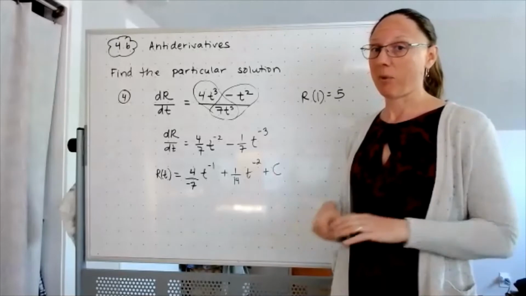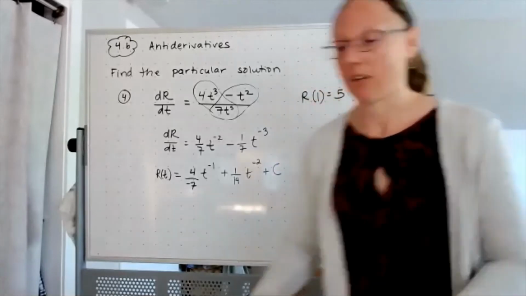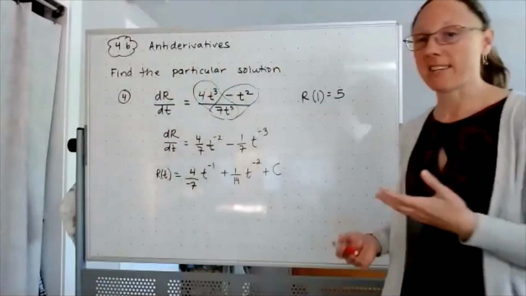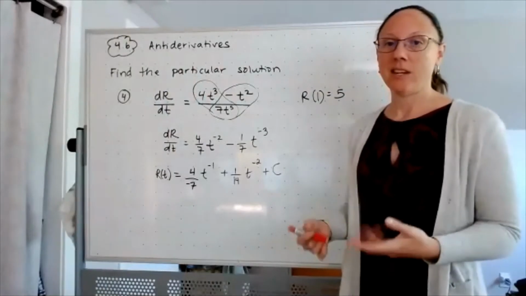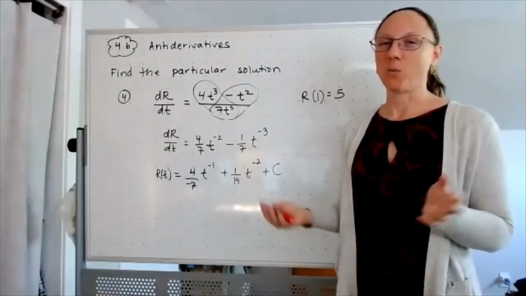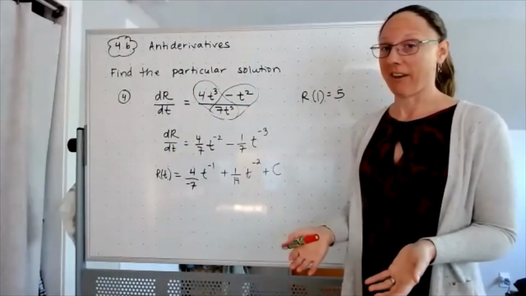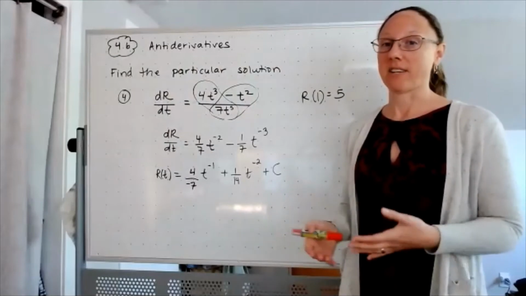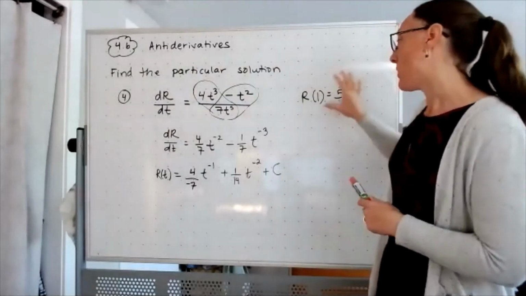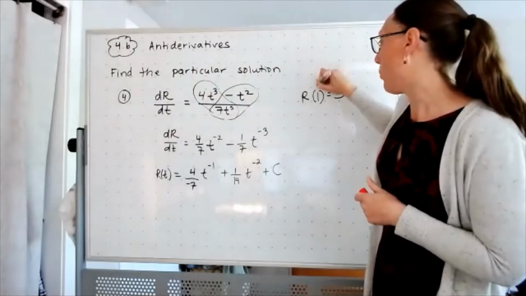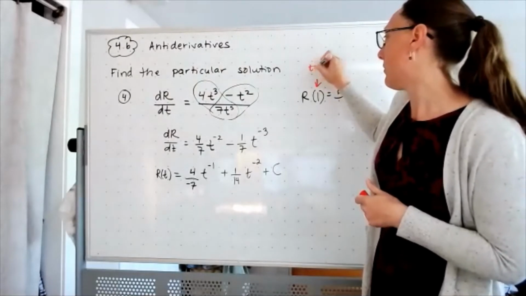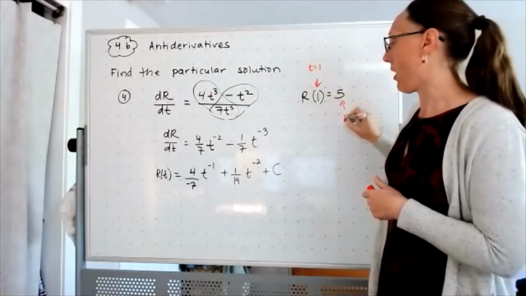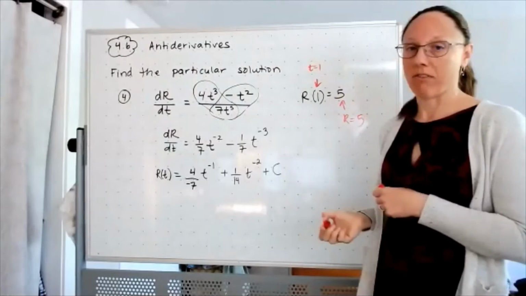For our next step, we're going to work with this initial condition. And I've given us kind of ugly numbers, but the point that I want to make is we really don't have to simplify on this next step, not in the context of a test. So this step says I'm going to plug in 1 for t, and I'm going to set r equal to 5.